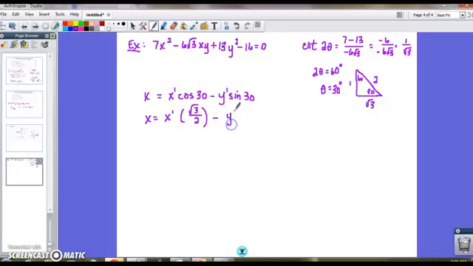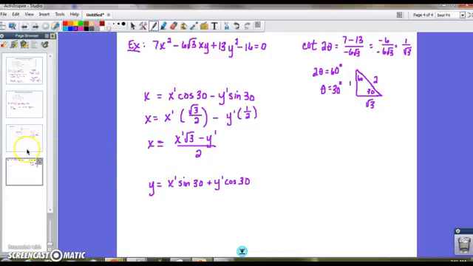Sine of 30 is 1/2. And so we can say then that x is x prime root 3 minus y prime, over 2. That's our x value. Our y value then is going to be x prime sine of 30 plus y prime cosine of 30.